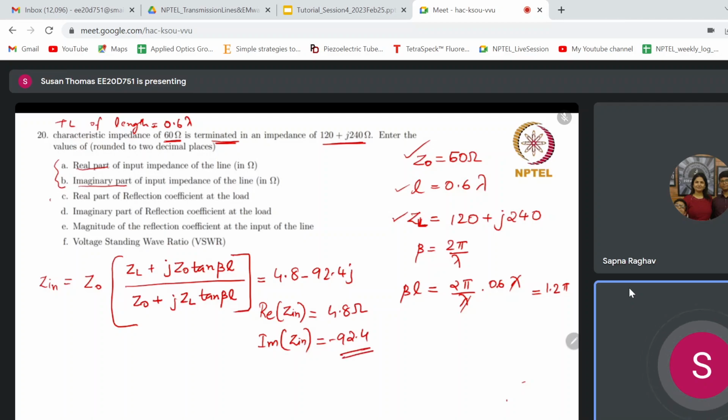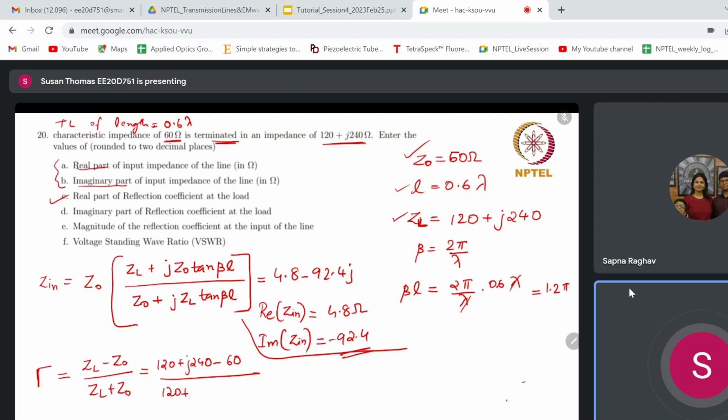Let's move on to the C part, the real part of the reflection coefficient at the load. How do we calculate the reflection coefficient? A very basic equation which we should always remember: ZL minus Z0 by ZL plus Z0. ZL is 120 plus j240 minus Z0, which is 60, divided by 120 plus j240 plus 60.